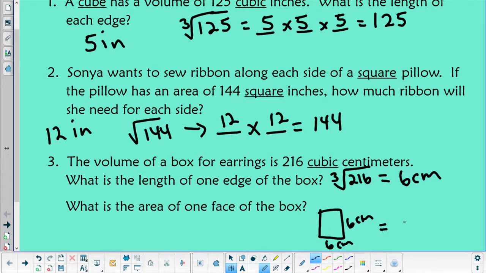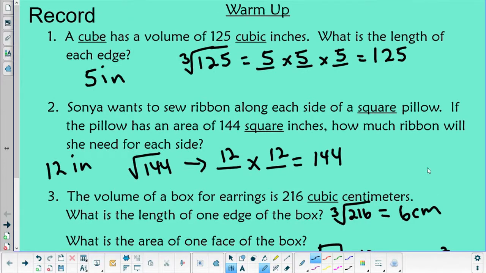So the area would be 36 square centimeters, and area is always squared. Volume is always cubed. Okay, so you see one was a volume problem involving cubes, and one was square involving area, and then this one kind of did both.